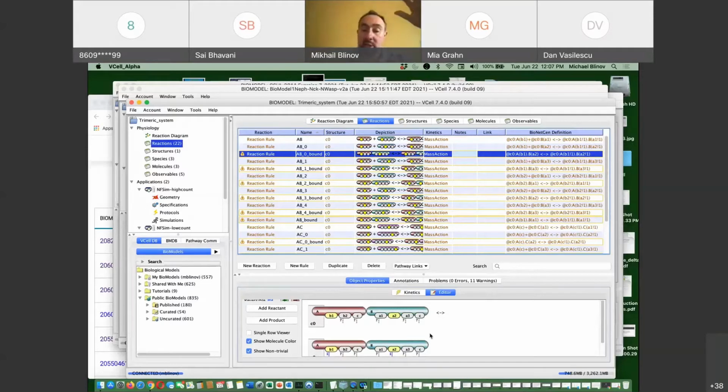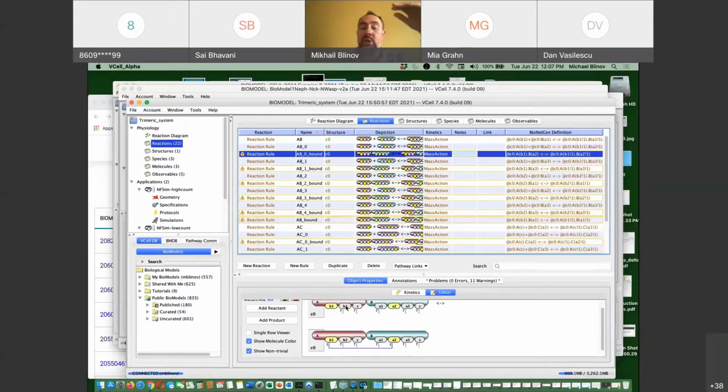They can form an extra bond. So these two molecules A and B are already in some large cluster. They are not connected directly, although they may be. But maybe there are 15 more A's, B's, and C's, and they are connected through them. So they still can form an extra bond if these sites B1 and A2 are available.